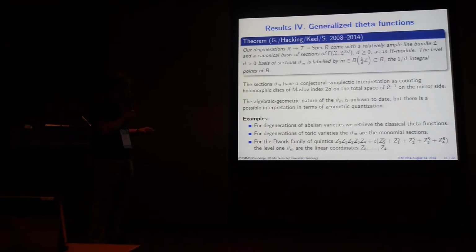And just to take another explicit example, in the case of the Dwork family, the degenerate family of quintics, you can actually show using representation theory that the level 1, so the d equals 1, the level 1 theta functions are just the coordinates Z0 through Z4. But in general, we don't know whether these sections are algebraic, whether they extend algebraically. A lot of interesting questions there.